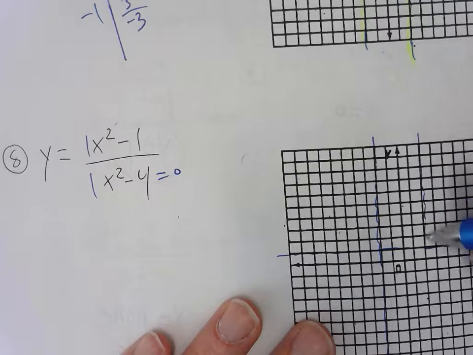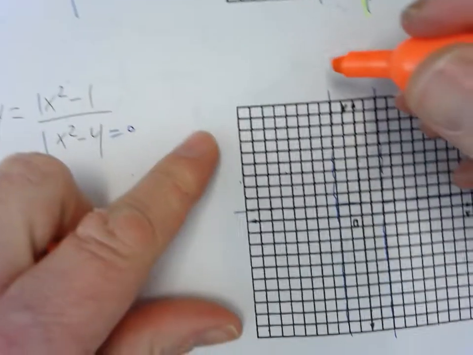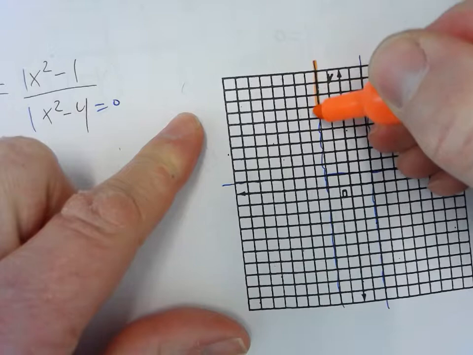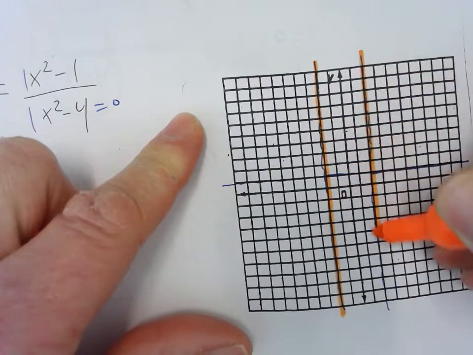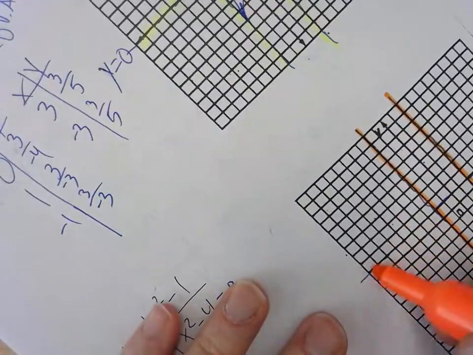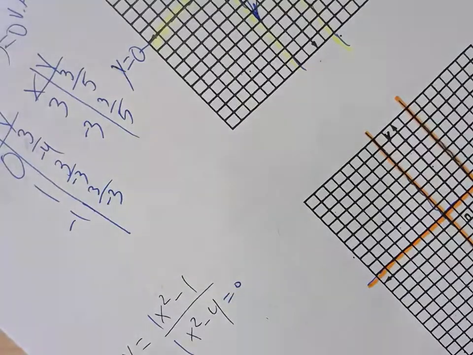All right, and I'm going to find a better highlighter. Here's the orange one. So it's going to be like so, and like so. So those are the boundaries.